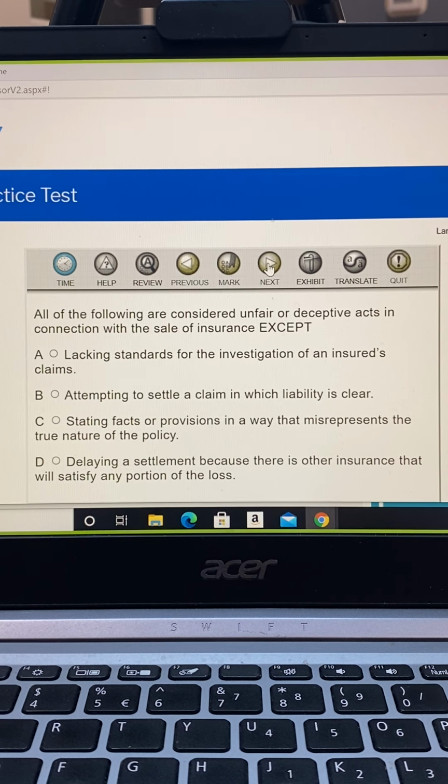All of the following are considered unfair or deceptive acts in connection with the sale of insurance except... D. All right, perfect.